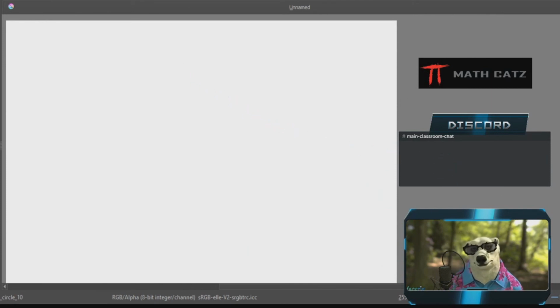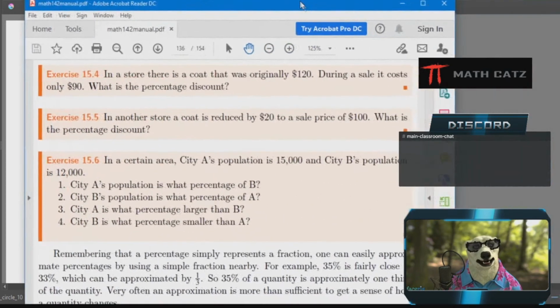Okay, perfect. Now, we talked about the different calculations involving percentages. I really don't have that much today. It was just too much for a single session.